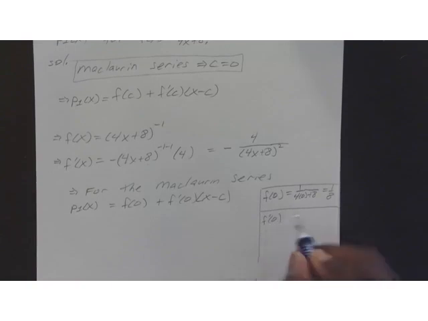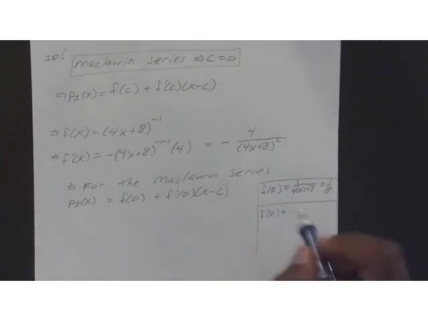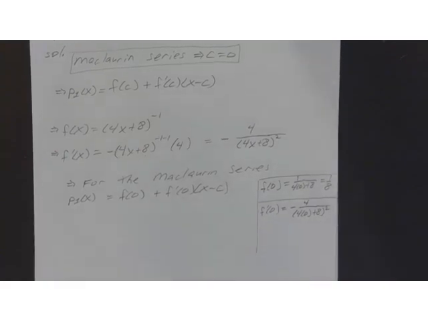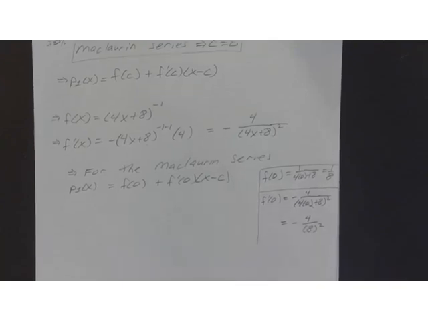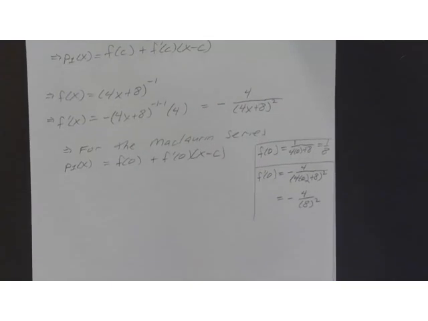And f prime of 0, we know that's -4 divided by 4 times 0 plus 8 squared. Where that 4 times 0 is 0, so we can just cross that right on out. So that's just -4 divided by 8 squared, which is -4 divided by 64, which we can still simplify to -1 over 16.